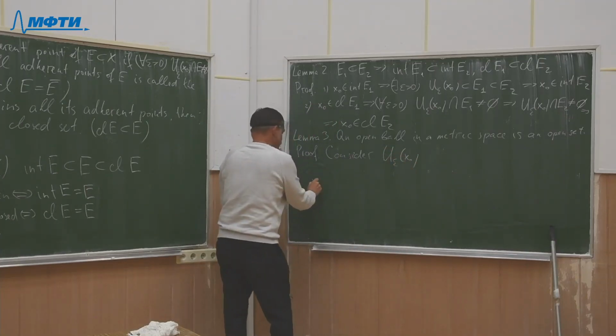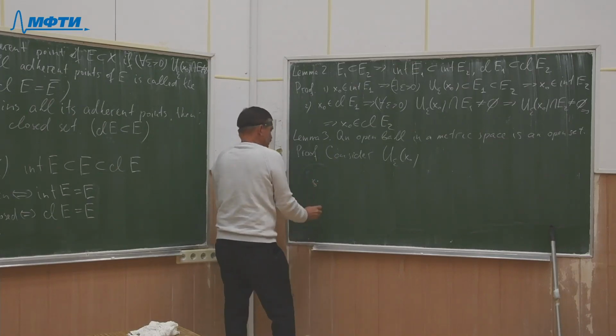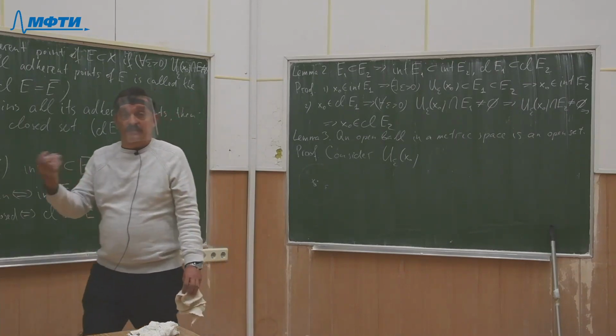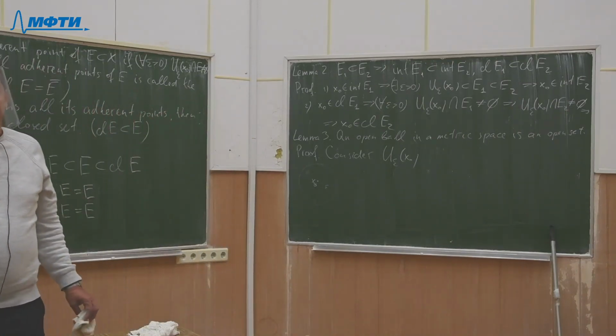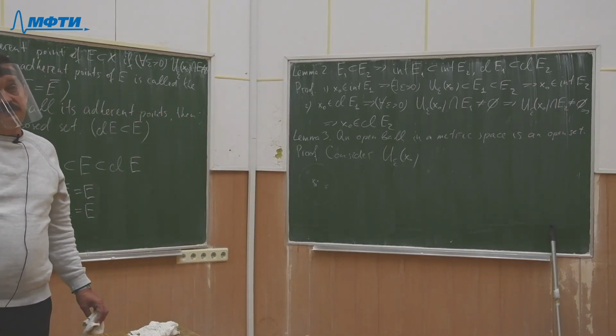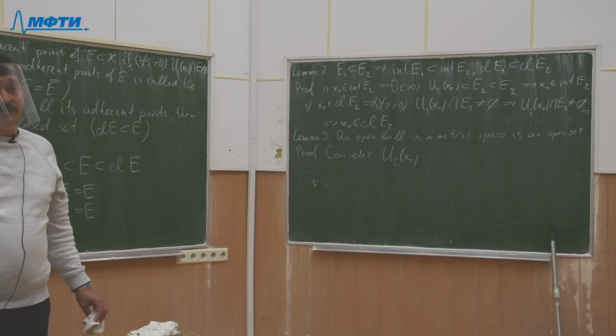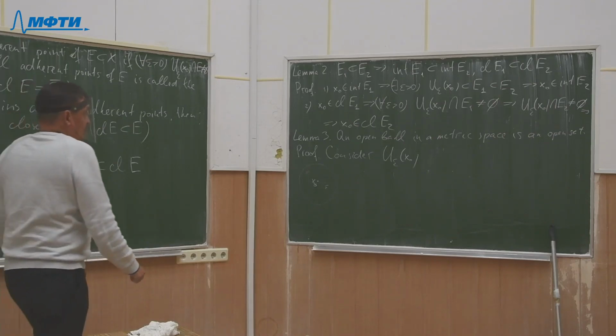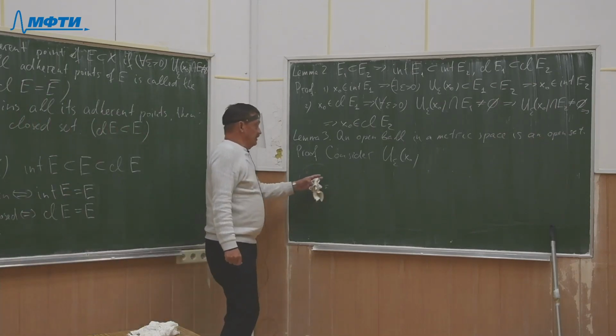Here we have x naught, and that is epsilon. As I said, always imagine R2 in your mind. We want to prove that it's an open set.